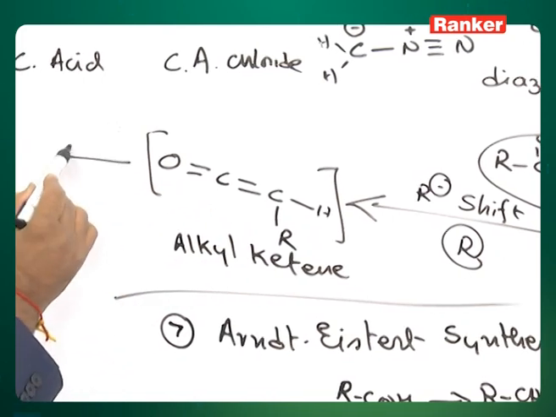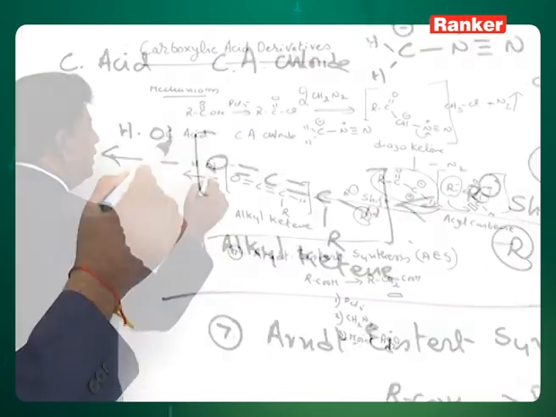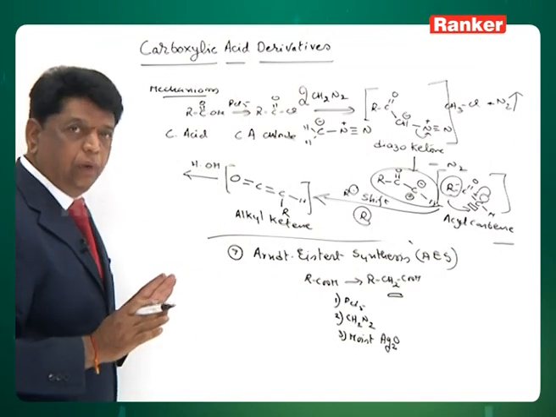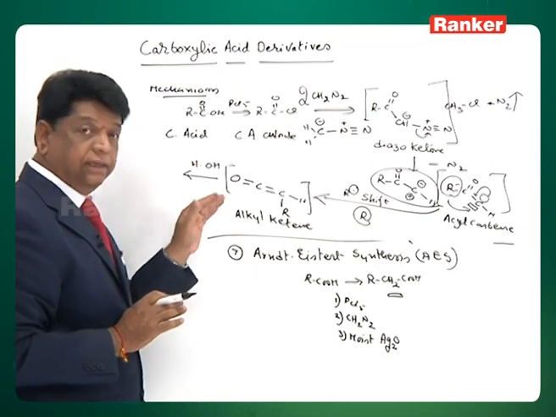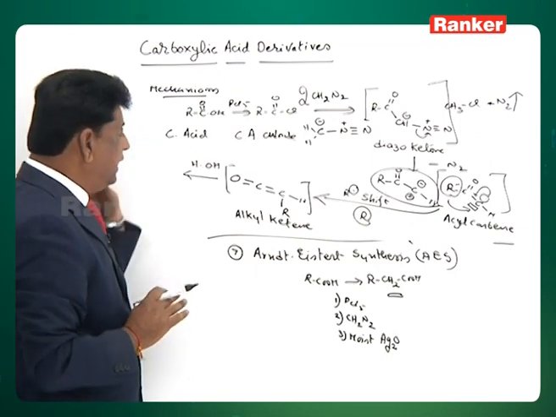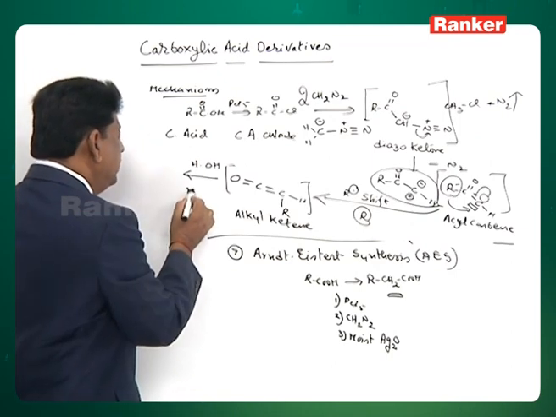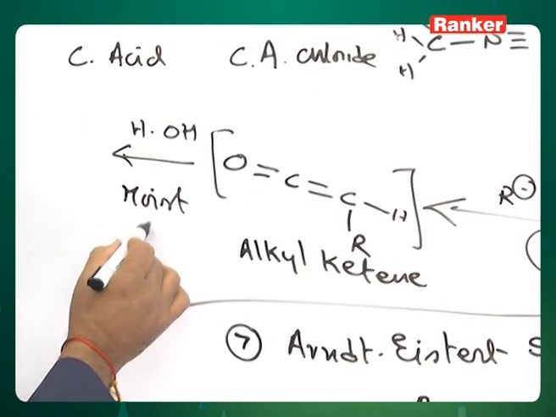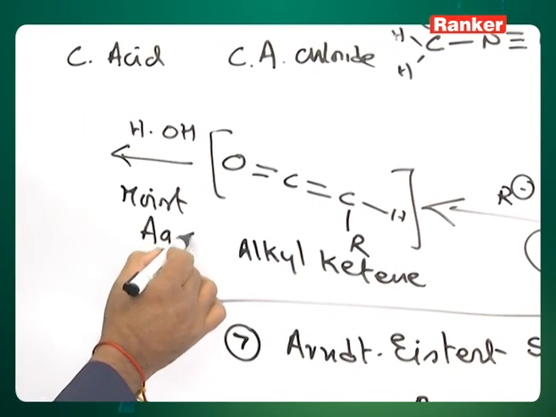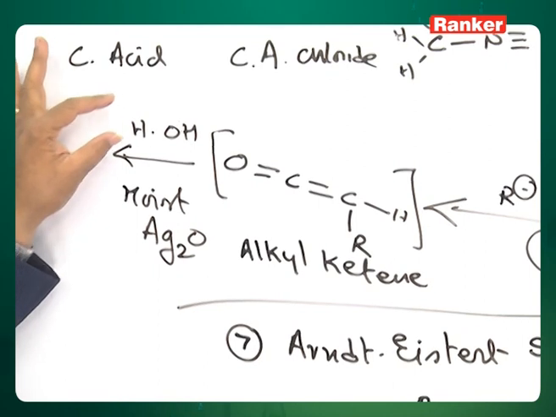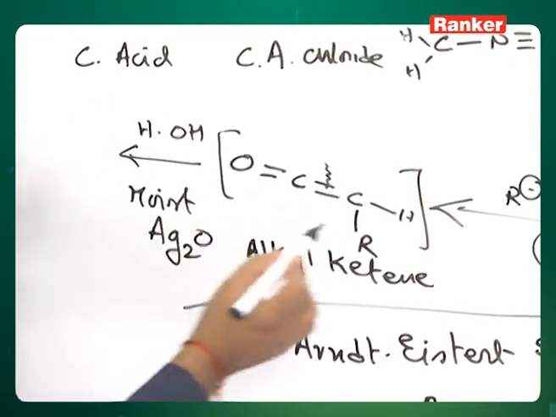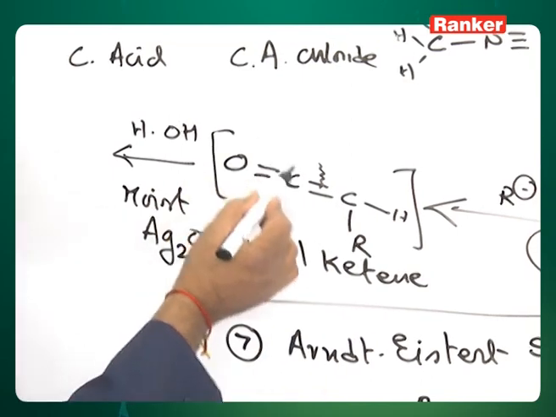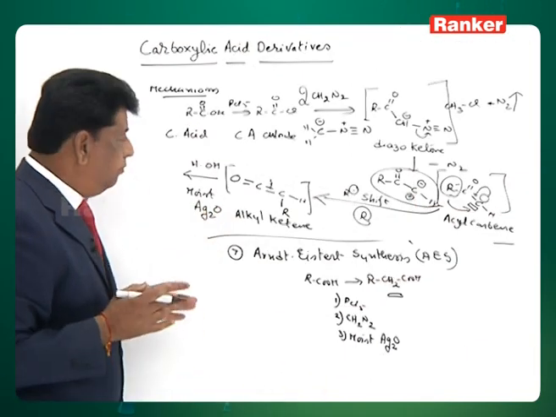This alkyl ketene has water added. This water is not from regular water, or from acidic or basic medium hydrolysis; it is hydration taking place using moist silver oxide, with the help of Ag2O. Only a small quantity of water is added, otherwise both would cut off, this would become alkane and this would become carbon dioxide, so there is no point in making the compound.